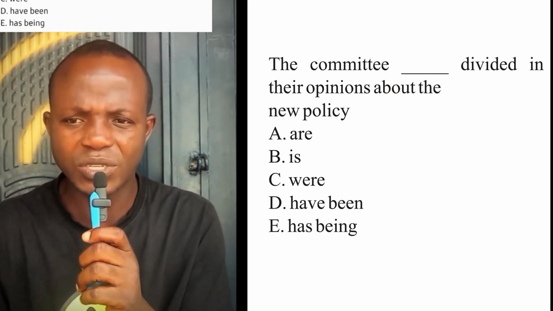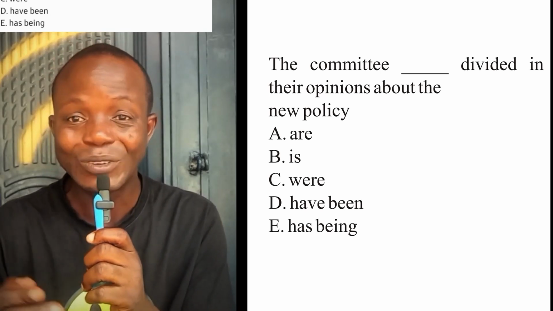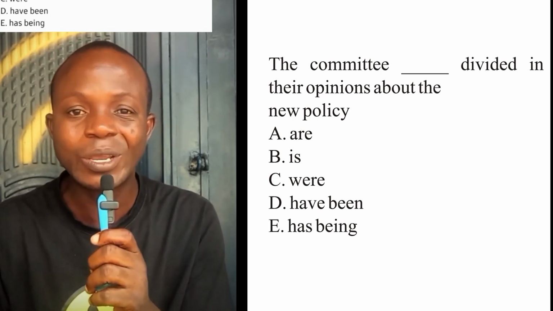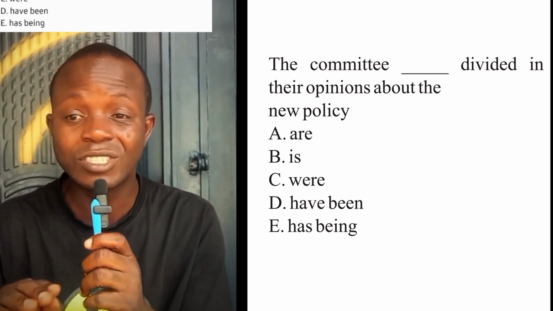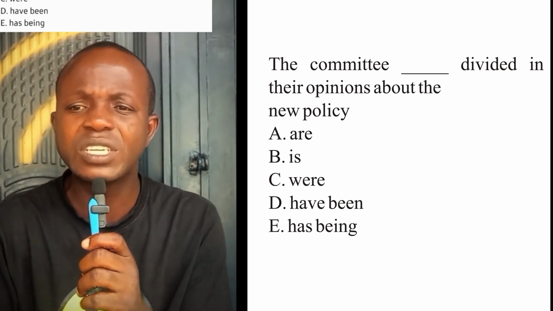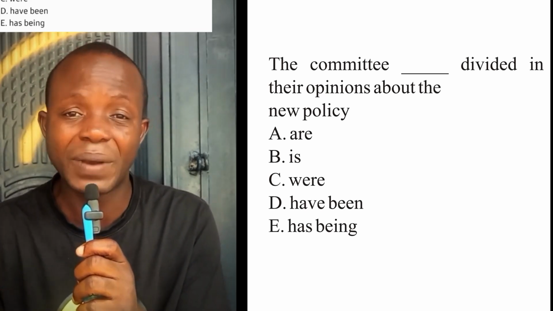Now let's look at our options. Option A, are, is a plural verb. Option C, were, is a plural verb. Option D, have been, is also a plural verb. However, option D is wrong because it is not appropriate for this kind of sentence. Now we are left with option A, which is the present tense, and option C, which is the past tense.